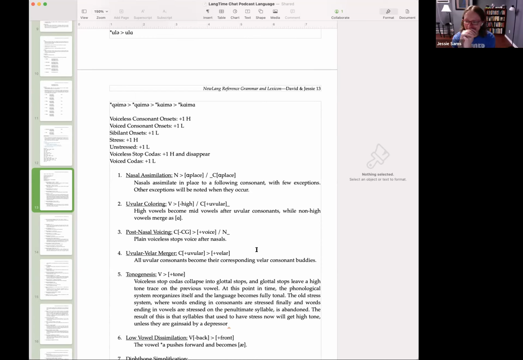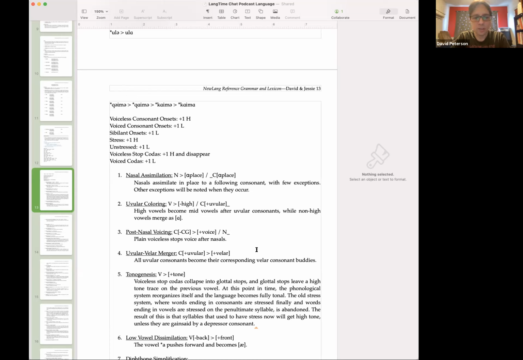Gainsaid? Yes, by a depressor. It's a real word. It is 100% a real word. I know it's a real word. I don't think I've ever had somebody just so casually drop it like that. Yeah, well, get used to it because I drop gainsaid left and right when it's appropriate. And in this case, yes, unless they are gainsaid by a depressor consonant.